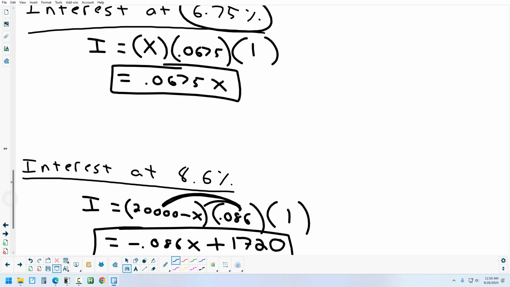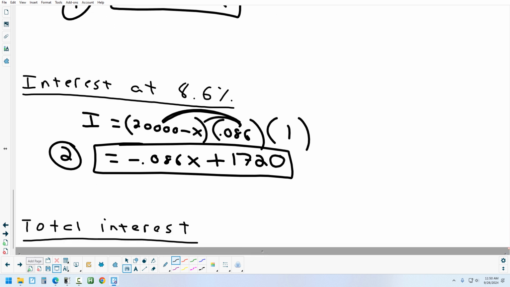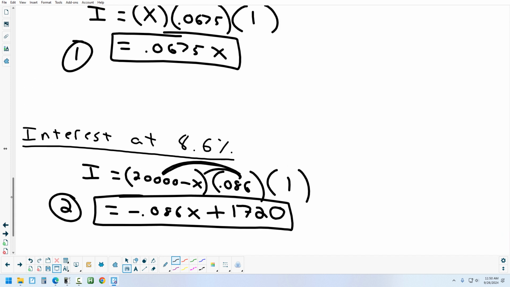All right. So we got how much interest from the first one, how much interest from the second one. Now I want to know the total he makes. Well, I already have how much money he makes separately in each one. So what would I do with them to find the total? Add them together.